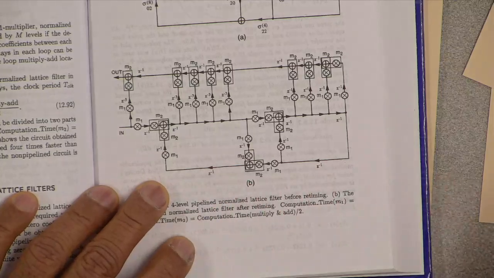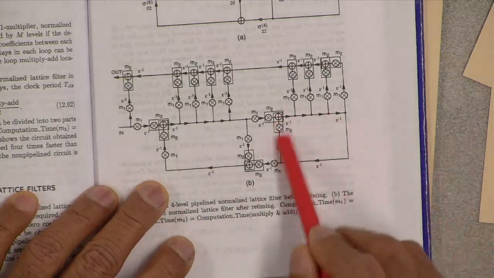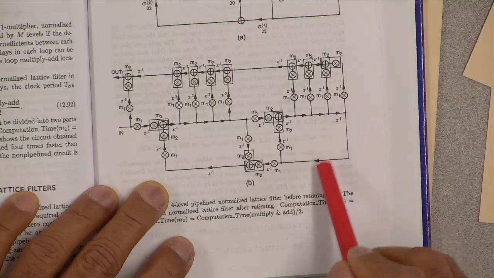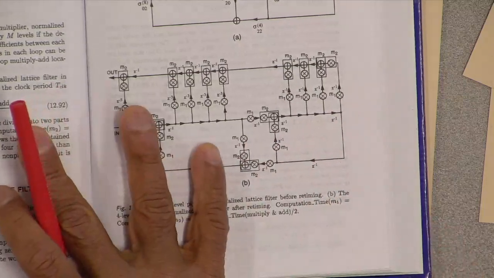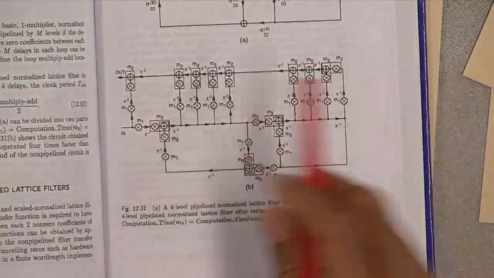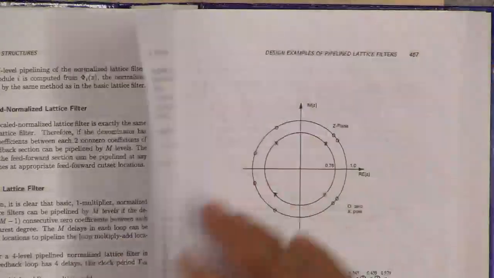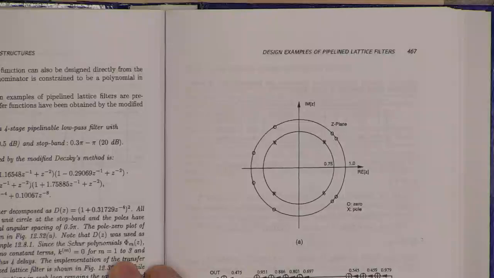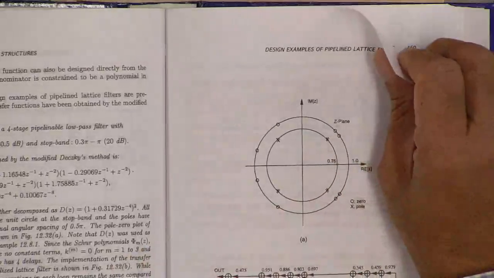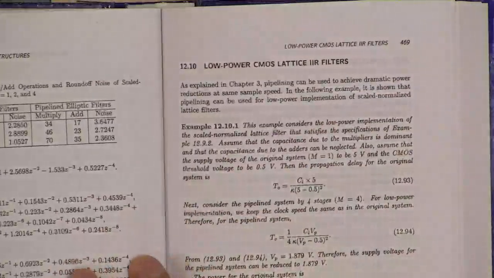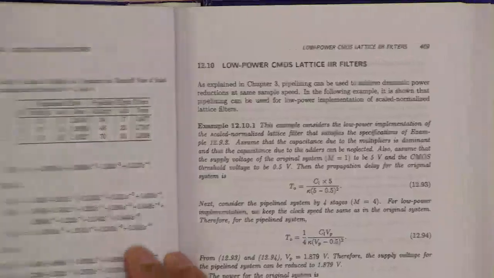So that is correct. And if you go through that loop here, that should still be 4: 1, 2, 3, 4. So that's how, without bothering about how it was retimed, which can be a tedious process, at least you can see that it does satisfy the pipelining property.